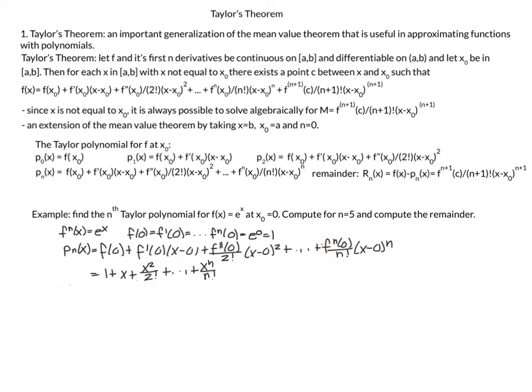So my nth term is going to be 1 over n factorial times (x minus 0) to the n. This is my nth term.